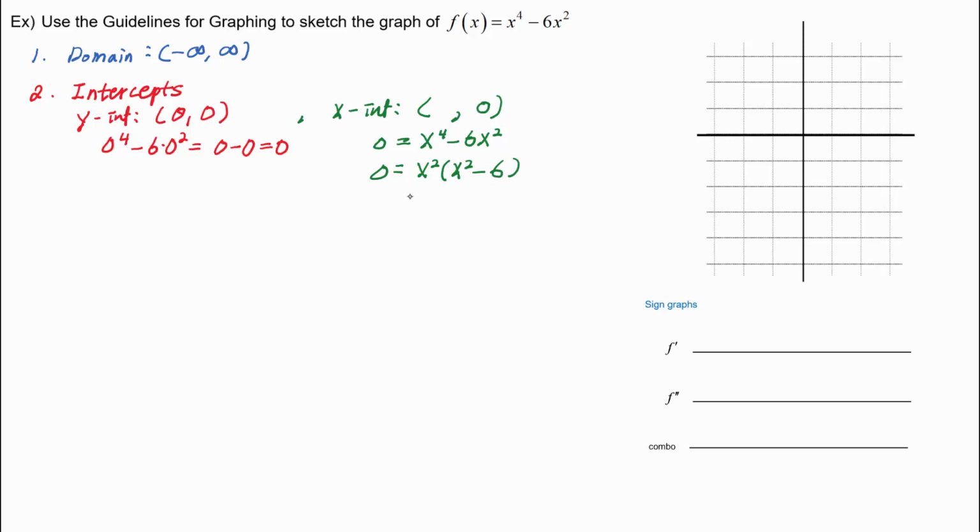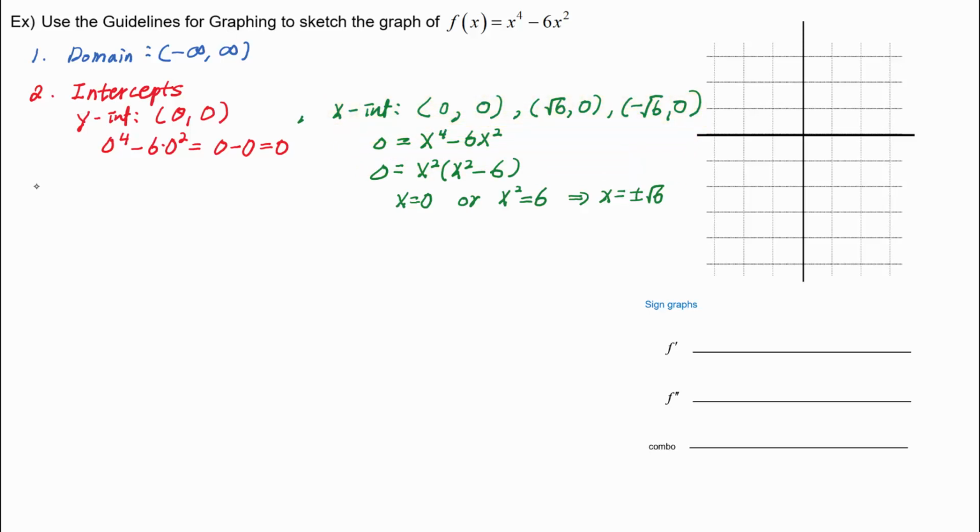So this product is 0 if x equals 0 or x squared equals 6, which gives me x equals plus or minus square root of 6. So I do have 3 x-intercepts: (0, 0), (radical 6, 0), and (negative radical 6, 0). So these are my 3 x-intercepts.